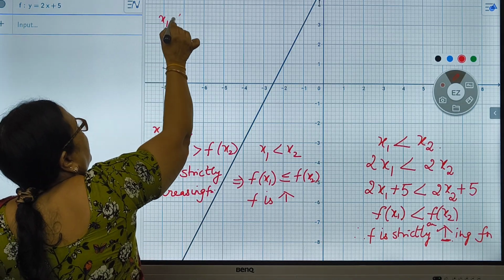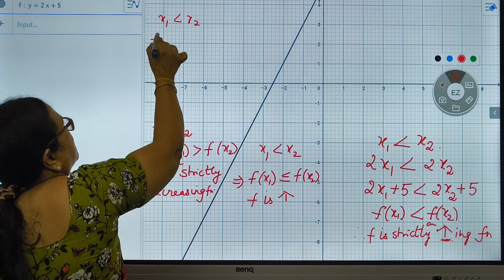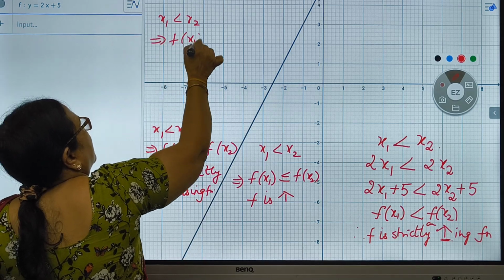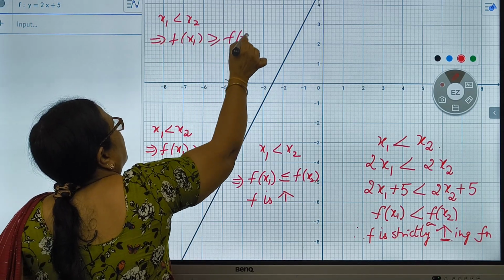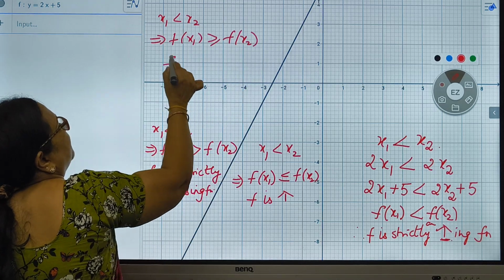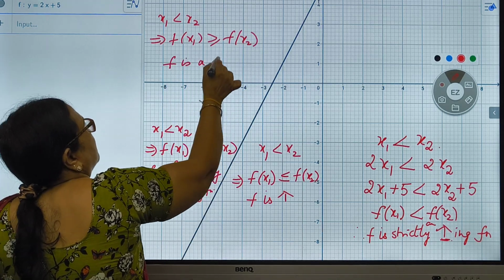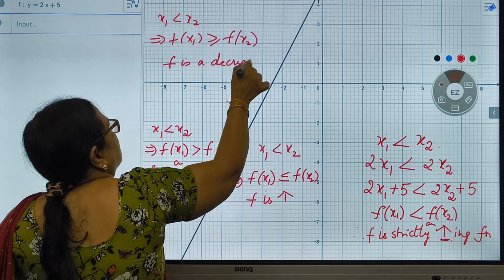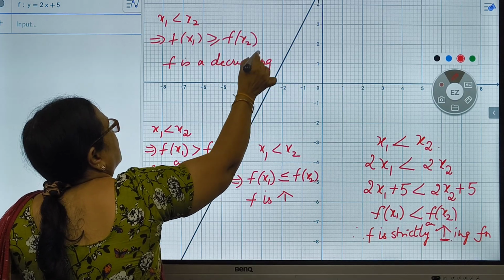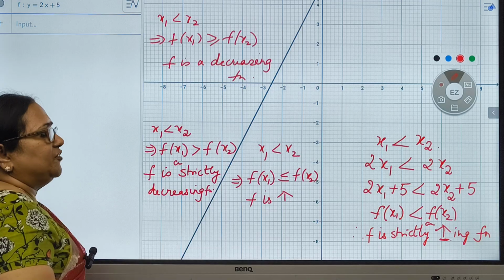And x1 less than x2 implies f of x1 is greater than or equal to f of x2, we call f a decreasing function, on the domain on which we are defining.